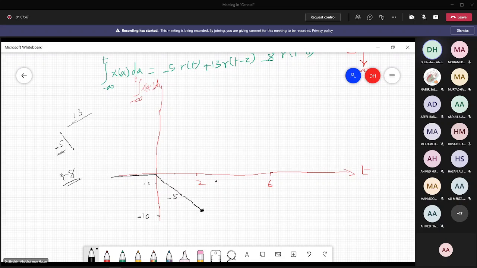So if you connect these two together, then you will get a line with a slope equal to 8.